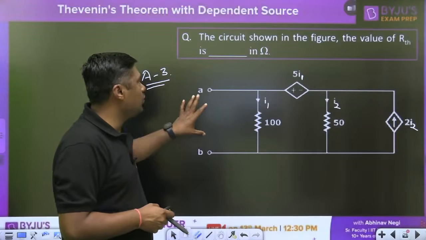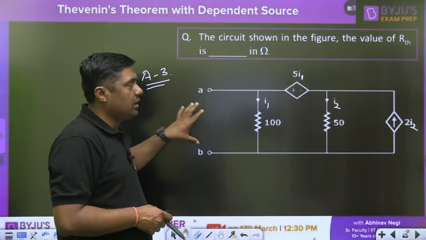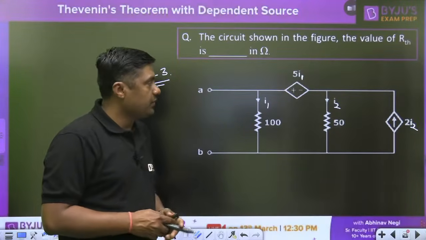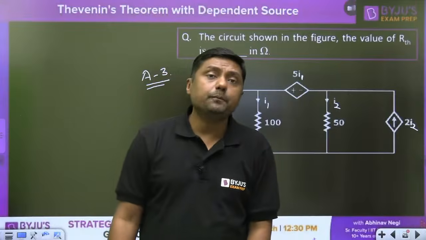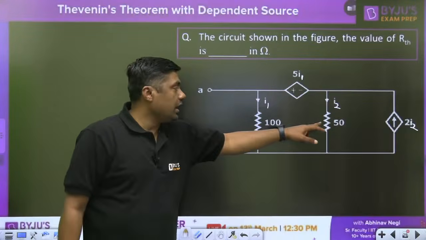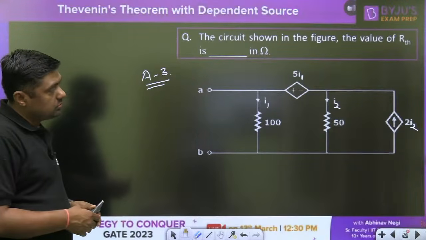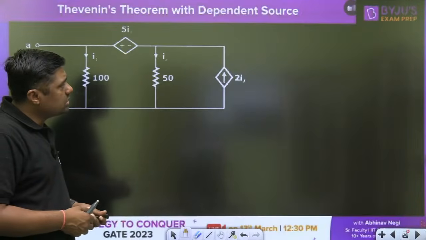That is the 2I2. Try to solve this question. You have to find the RTH at this point. We have two dependent sources in this diagram: 5I1 and 2I2. So, yes, try to solve this question.